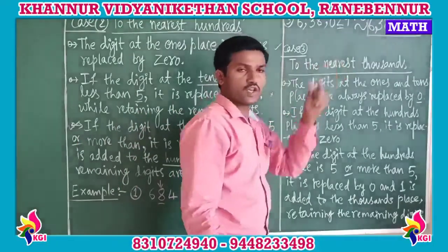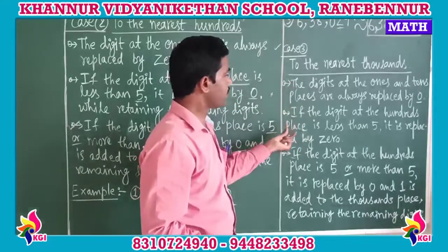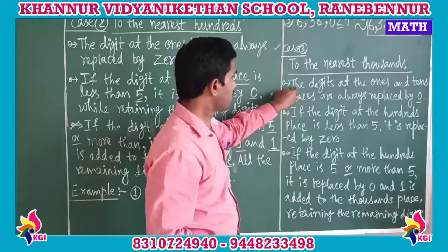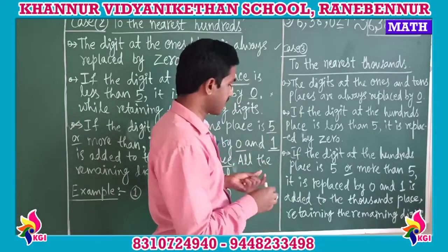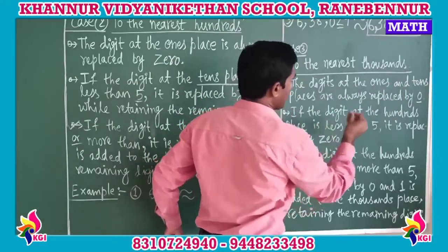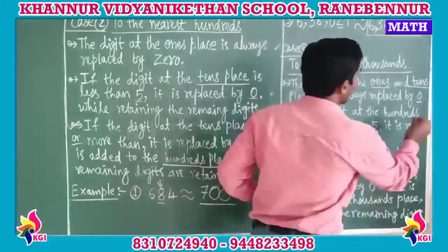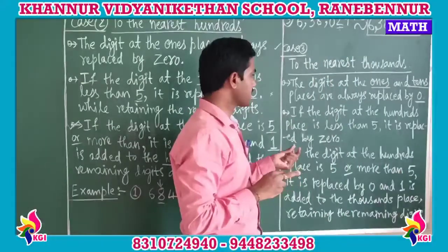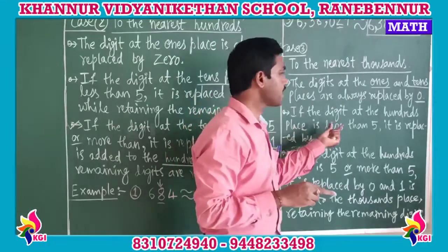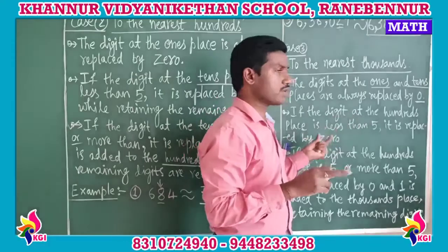The next case is the third case, to the nearest thousands. First of all, we will explain the conditions one by one. The first condition says that the digits at the ones and tens place are always replaced by 0. The second condition says that if the digit at the hundreds place is less than 5, it is replaced by 0.